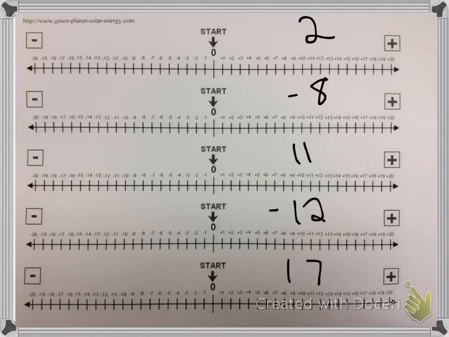Okay, you would plot these right now. You can either do it on here or on a separate sheet of paper, but look at these number lines and plot these points either in your head or point to them. The next thing we're going to look at is inequalities.